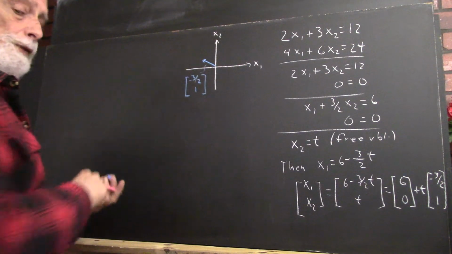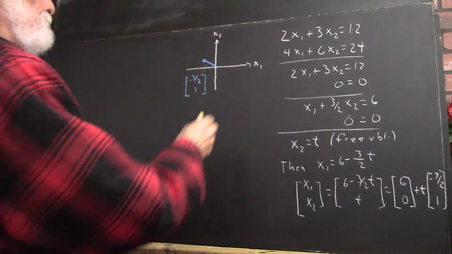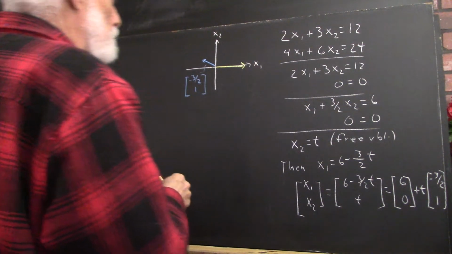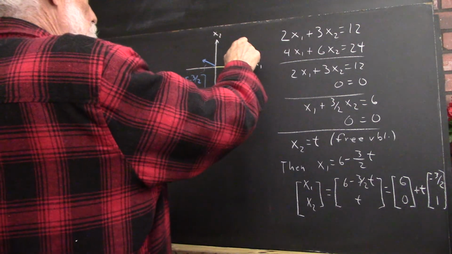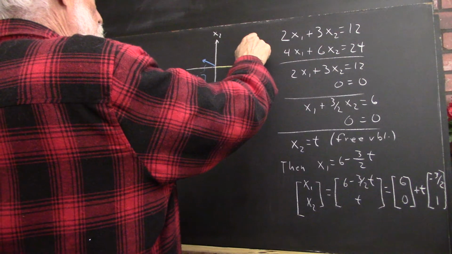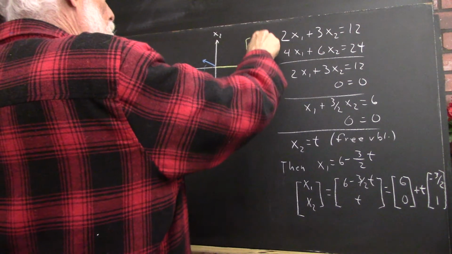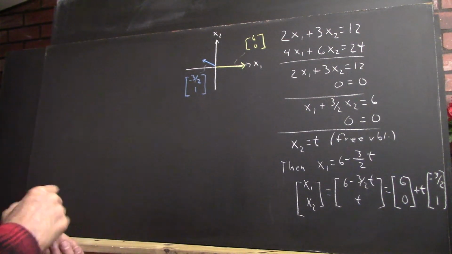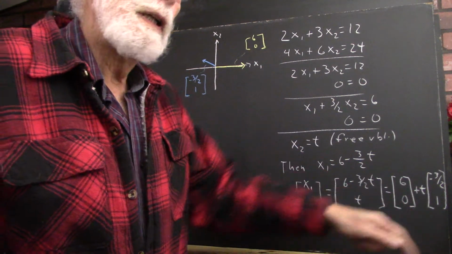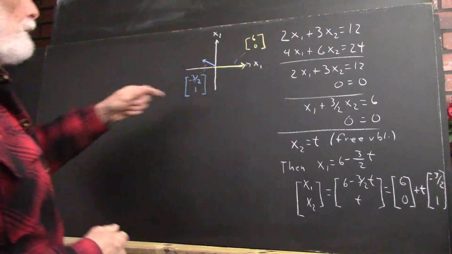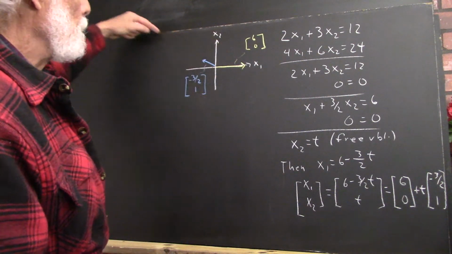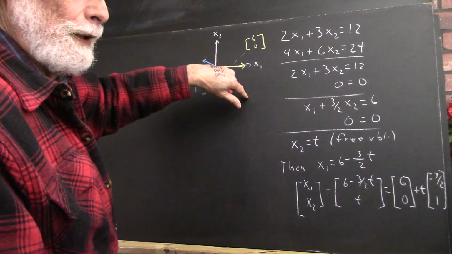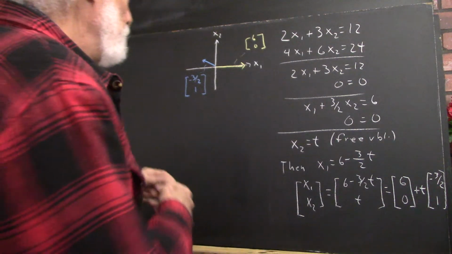And your vector 6, 0 is here. T times your vector negative 3 halves 1 is going to give you a vector that's longer or shorter than negative 3 halves 1 by factor t, and maybe on the other side of the origin if t happens to be negative.